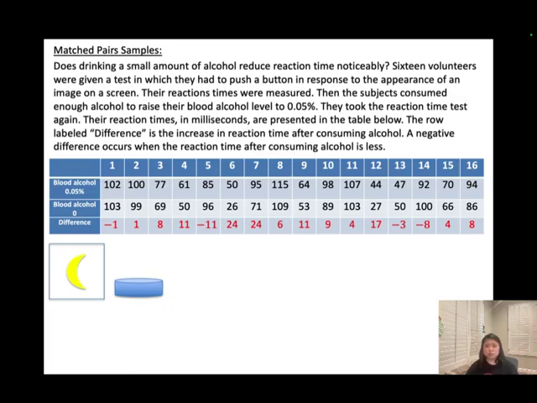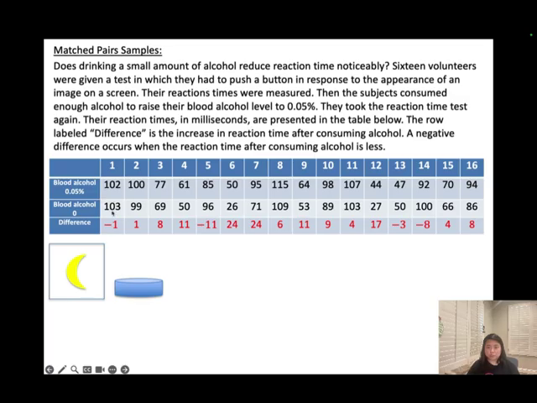After the test, the subjects consume enough alcohol to raise their blood alcohol level to 0.05%, and then they take the reaction test again. This is the first set of data, before they consume the alcohol, and the reaction time is measured in milliseconds.